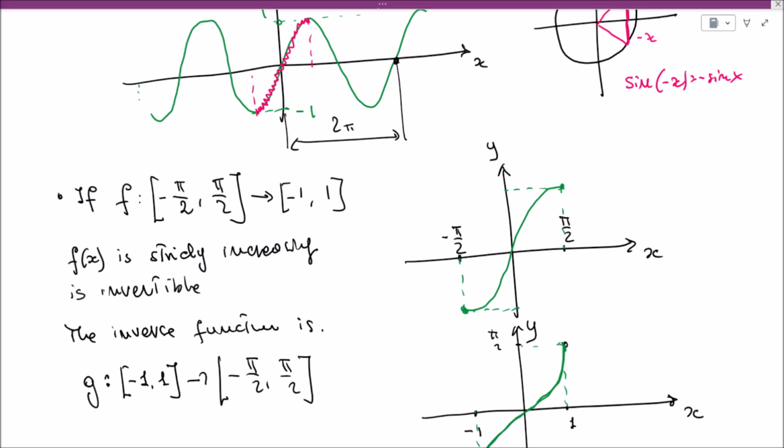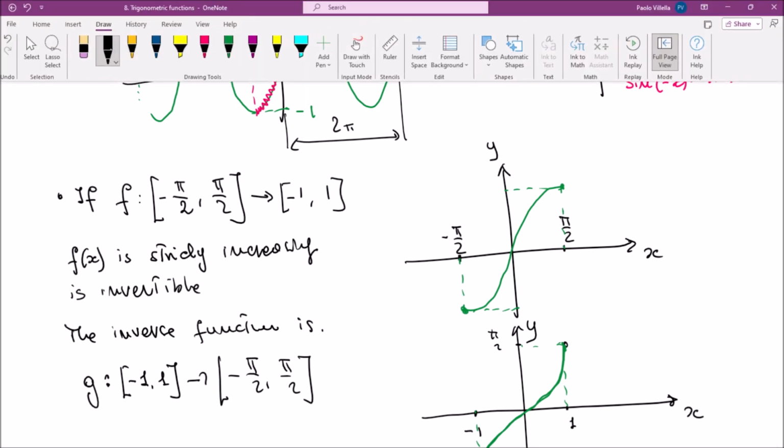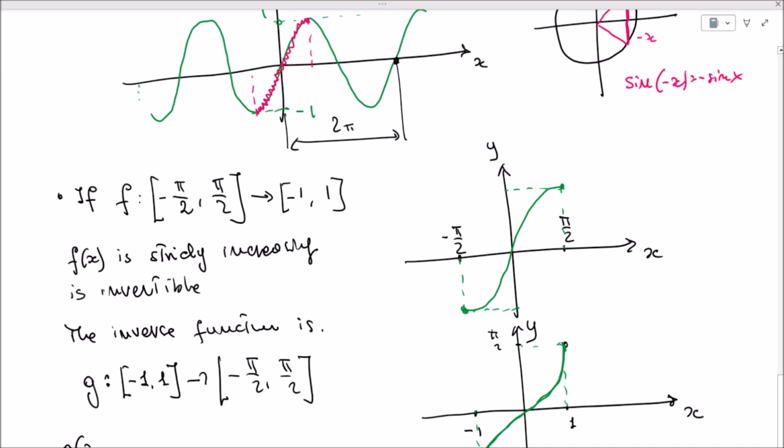Okay, and this function g of x is called arc sine of x, and it is another odd function. In fact, we see once again that if this is the arc sine of minus x, this is just equal to minus the arc sine of x. So it is another odd function. Good.